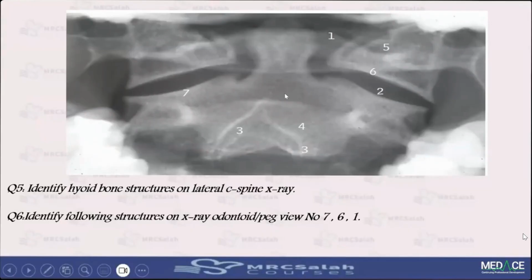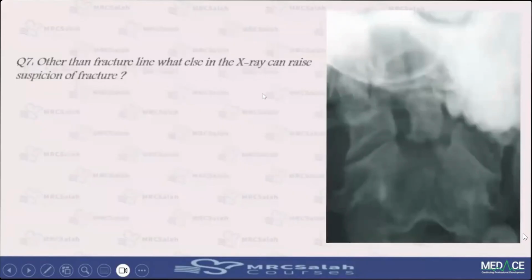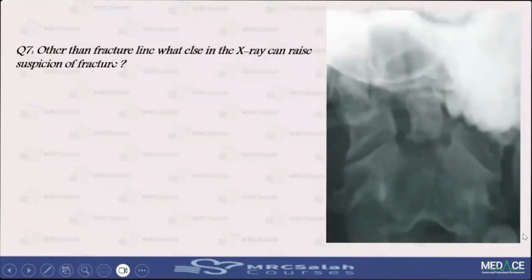Number 6 is the inferior articular process of the atlas. Yes. So number 1 is the arch of the atlas. Yes. Number 6 is the inferior of the atlas, and here the superior of the axis. Yes. All right. Other than a fracture line, what else in the X-ray can raise suspicion of fracture?